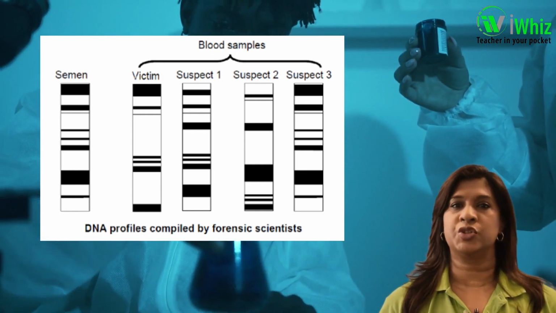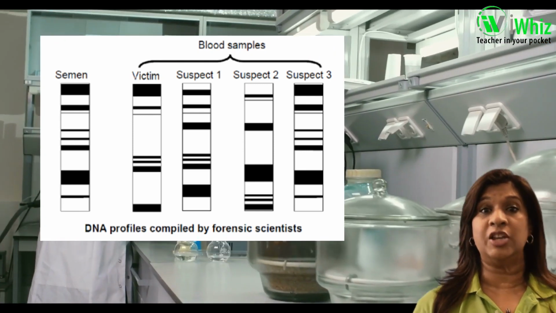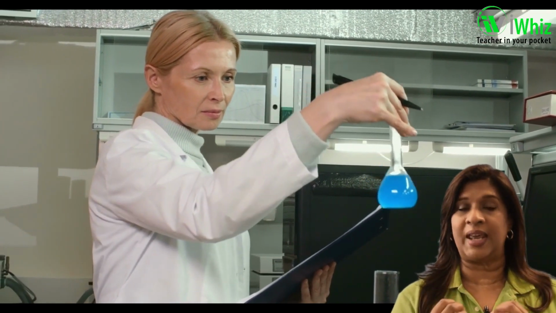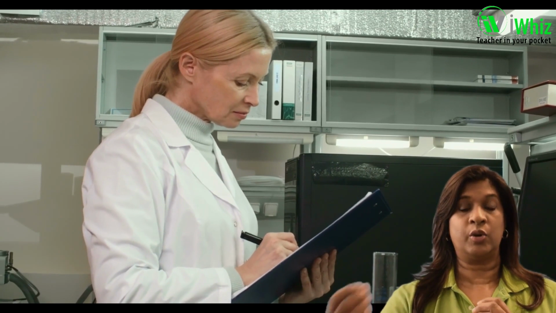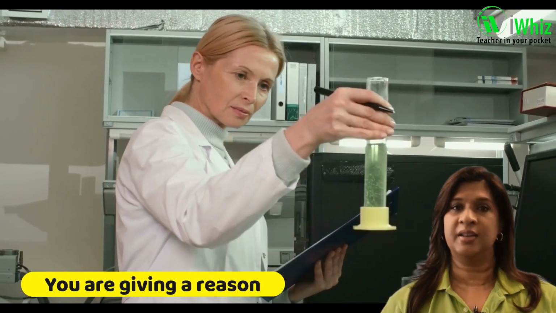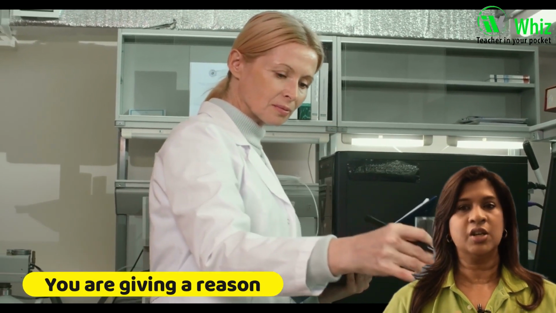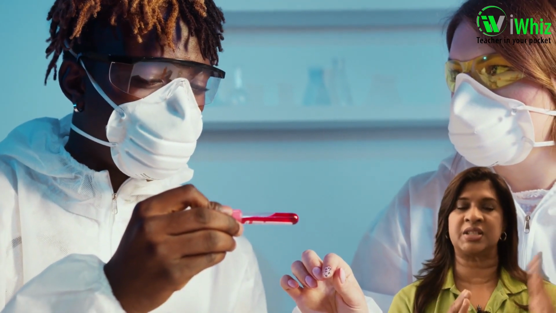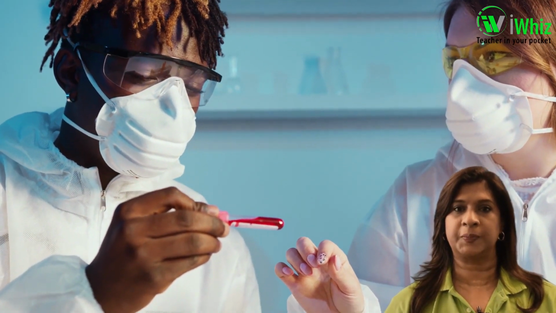Question 1.2 says explain your answer to question 1.1. And notice it's 2 marks. We've spoken about this before. Where a question asks you to explain, you are not merely giving a reason or stating a fact, you're giving the reason behind the fact as well, right? So why are we saying that suspect 3 is the rapist in question 1.1?